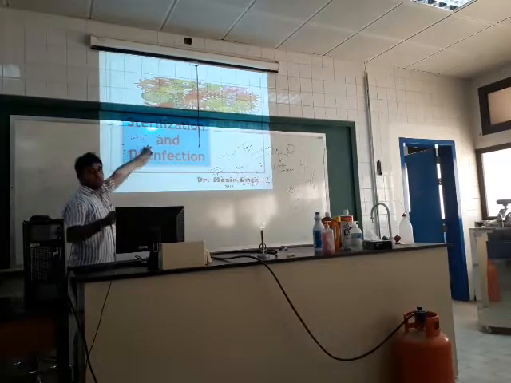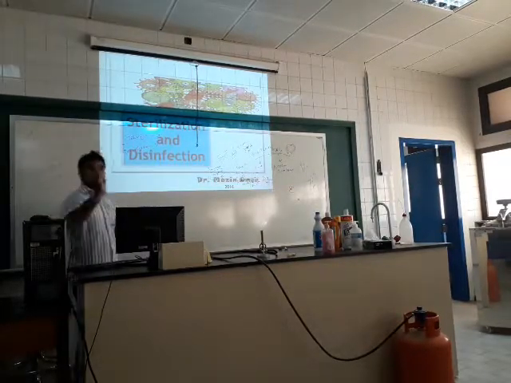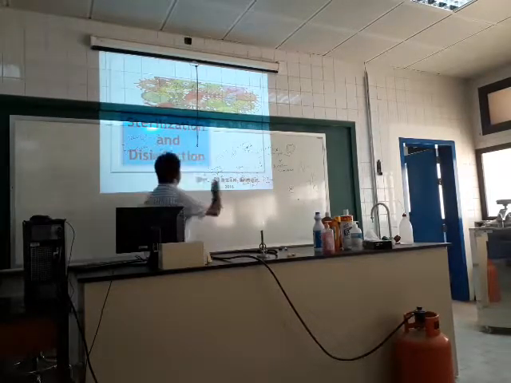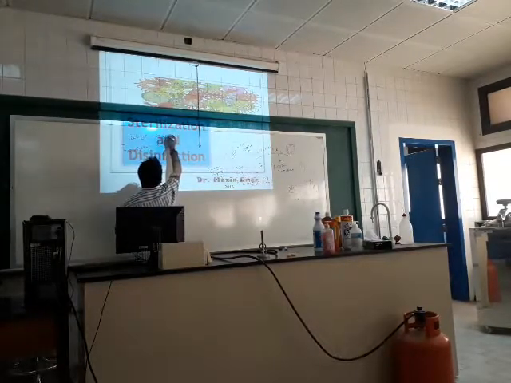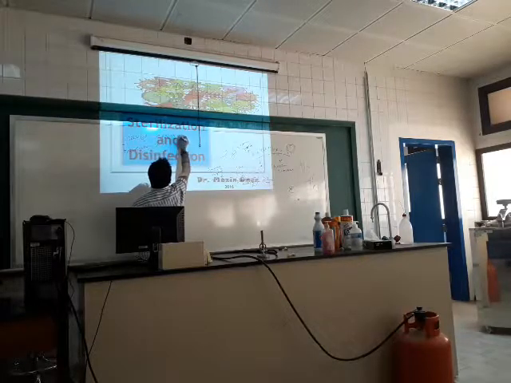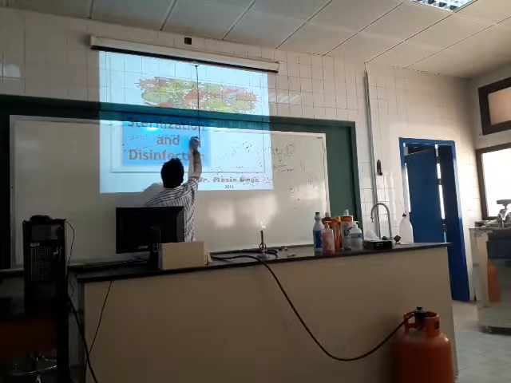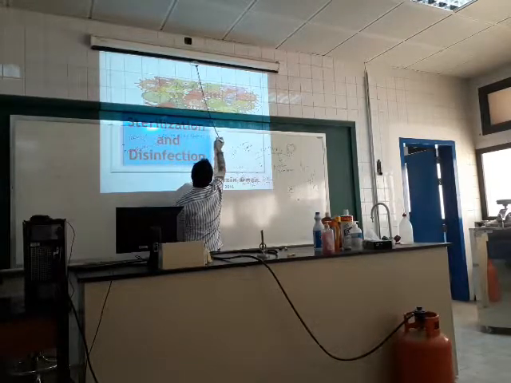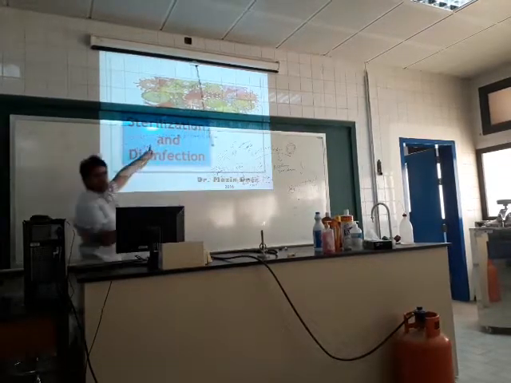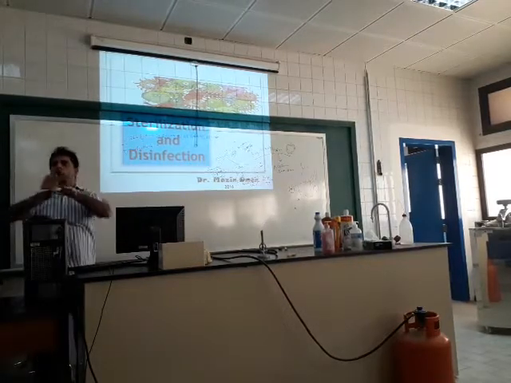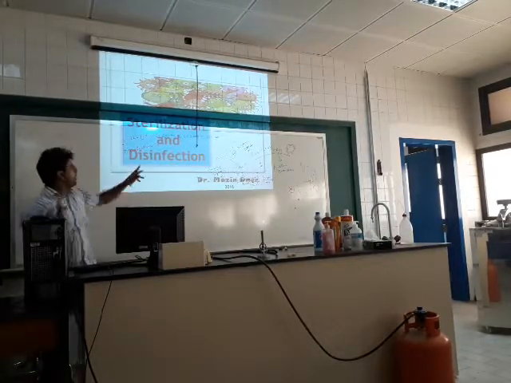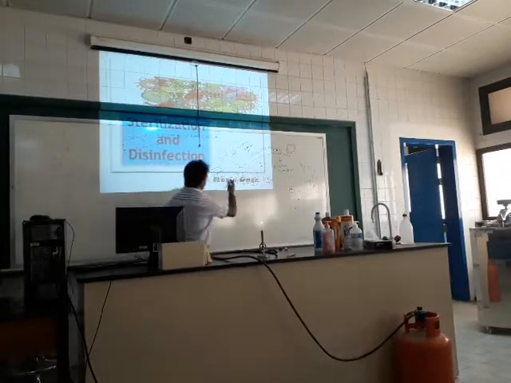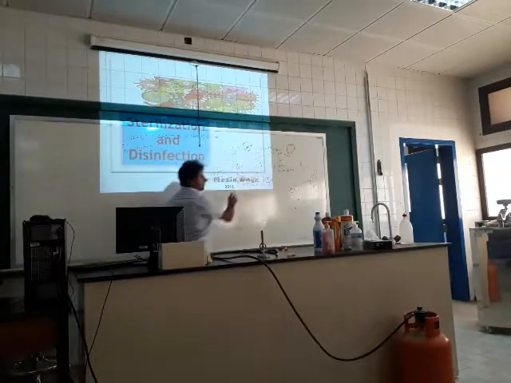So what is sterilization? Remember for your whole life, sterilization means what I wrote: killing of all forms of life, all forms of microbes. This includes your vegetative phase and spore phase.